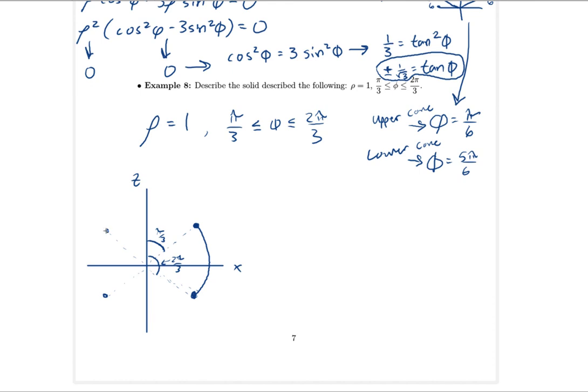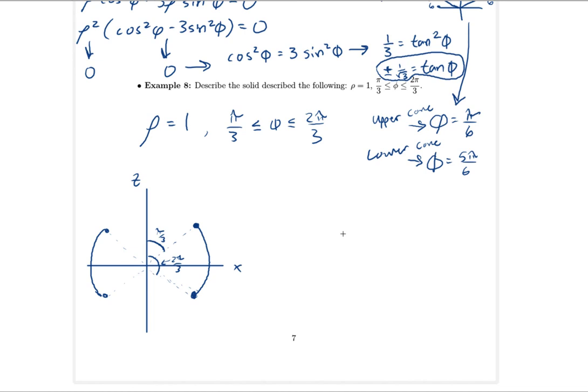Because theta can whip around and be over there as well. And so what's going to happen here is that as I give this some three-dimensionality, it's going to come out at me and it's going to circle around. So what I've got is a portion of a sphere. It is really what we've got here.